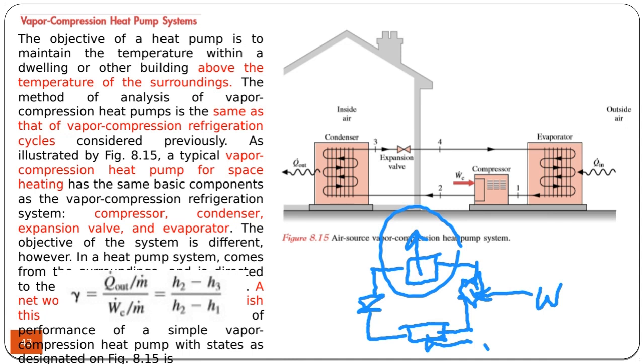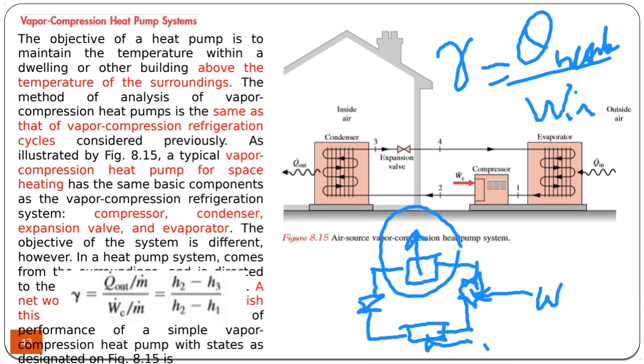Because in the case of a heat pump, the coefficient of performance is Q heat, which is the output of the system, divided by W net. So if you compare this, you will find a value such as, let's say 4, which means that you get 4 times heating with respect to electrical energy input as compressor power.